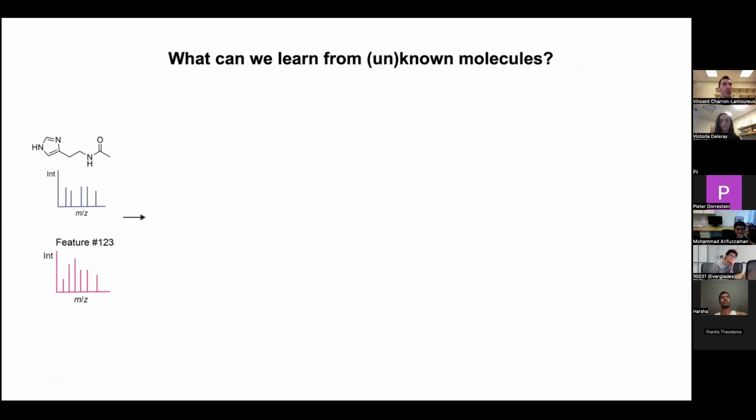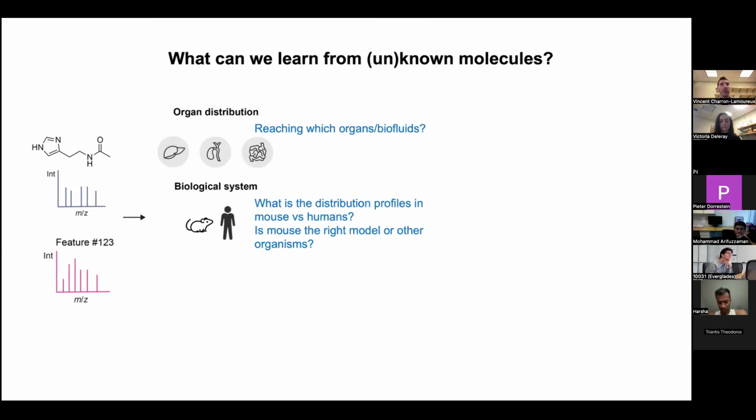You might want to know if these molecules are found in the human body, or in different organs, like the liver, the gallbladder, or the small intestine. You might also be interested in the distribution profile of these molecules. Are they found in mice? Are they found in humans or other organisms?